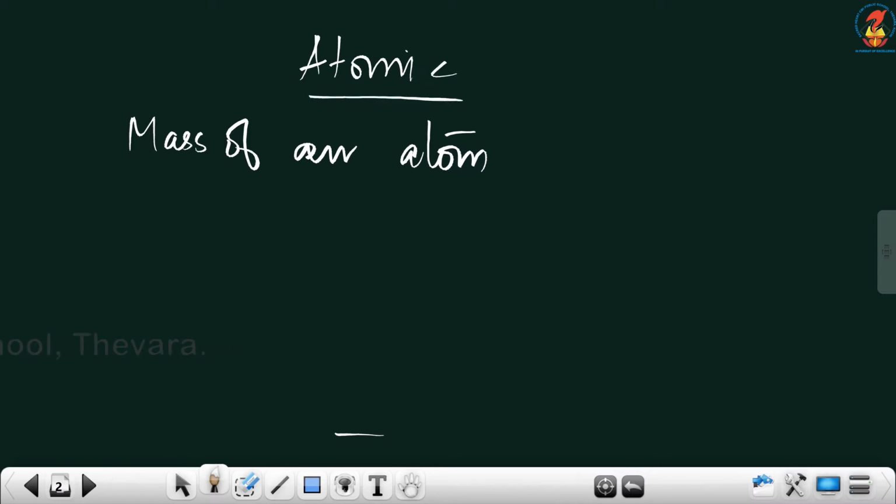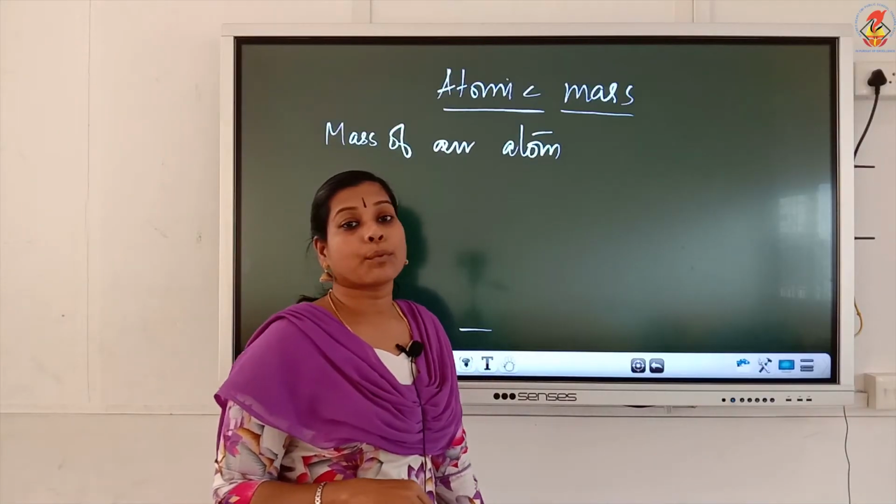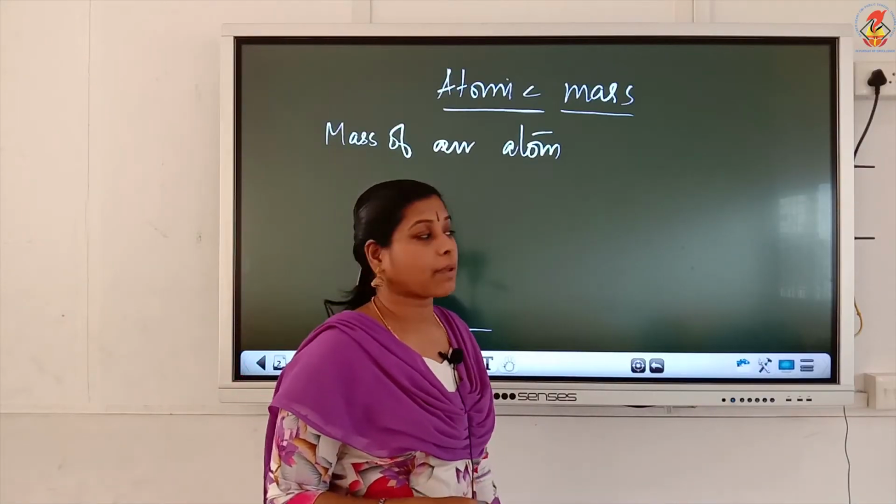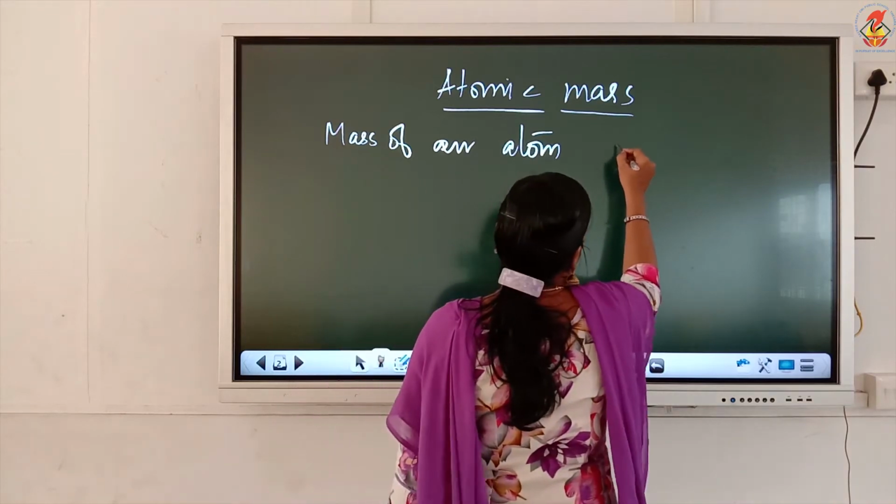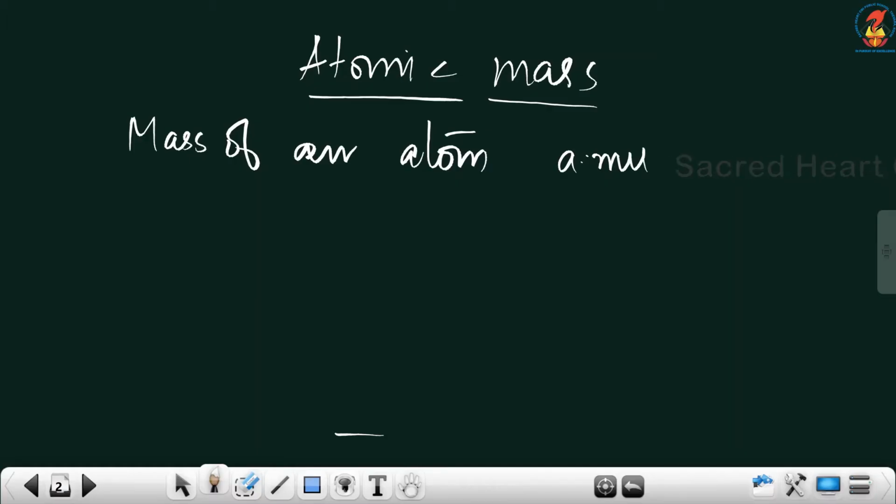Okay. So, in earlier times, the unit taken for atomic masses was AMU, atomic mass unit. AMU was the initial unit of atomic mass.